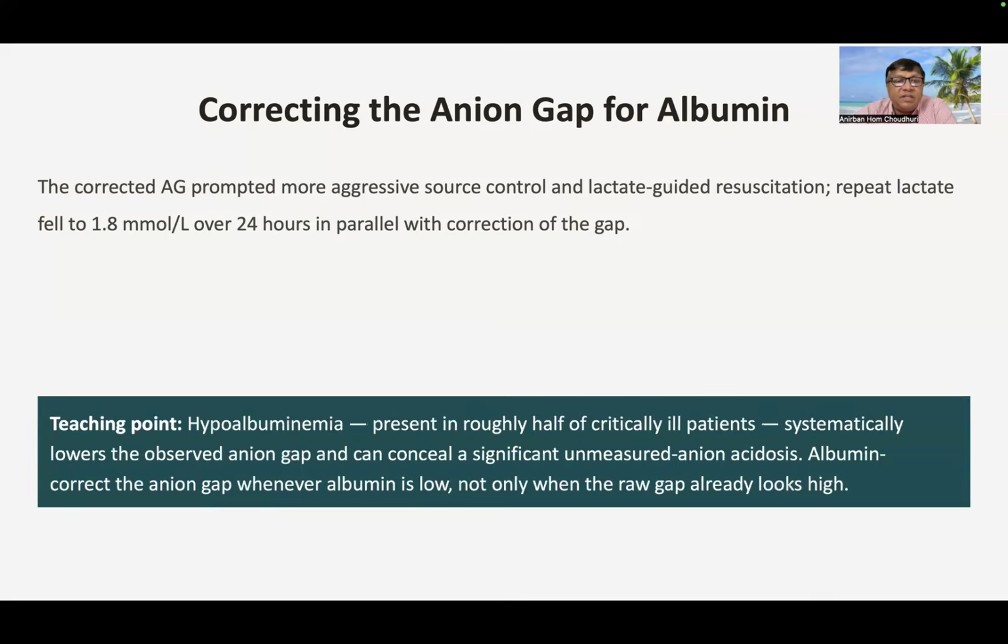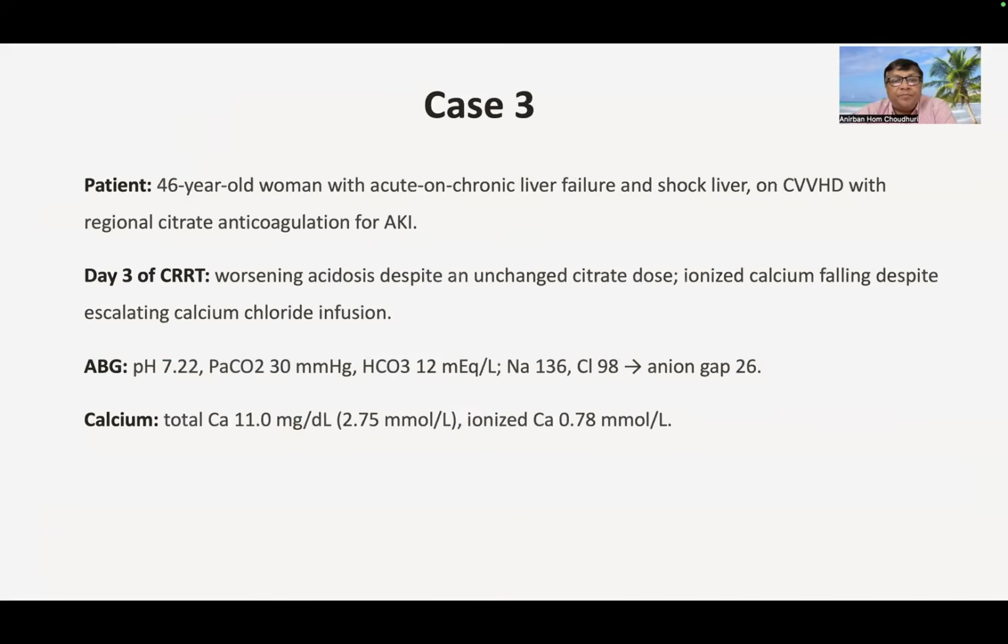So the teaching is that hypoalbuminemia, which is present in roughly half of critically ill patients, systematically lowers the observed anion gap and can conceal a significant unmeasured anion acidosis. So correct the anion gap for albumin whenever albumin is low, even when the raw gap already looks high. This is an important lesson one has to keep in mind.